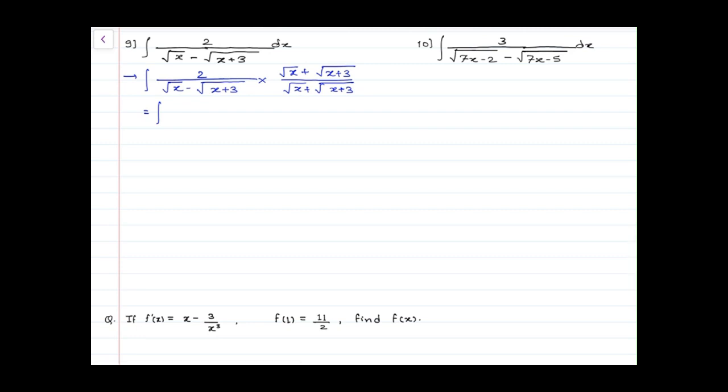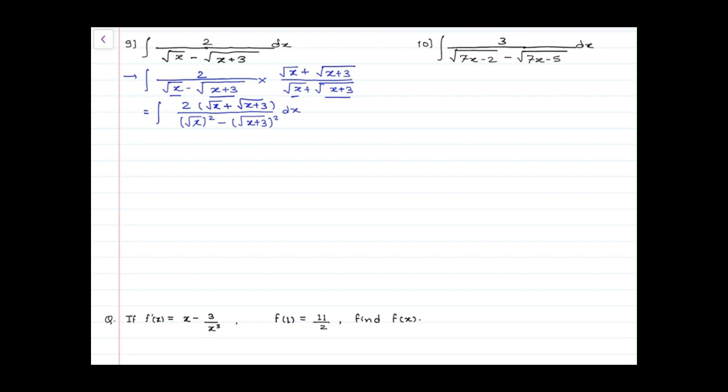So let's solve this. In the numerator we have 2 times root of x plus root of x plus 3. In the denominator we have a minus b multiplied by a plus b, so you will get a square minus b square, right? So I'll write root of x the whole square minus root of x plus 3 the whole square.